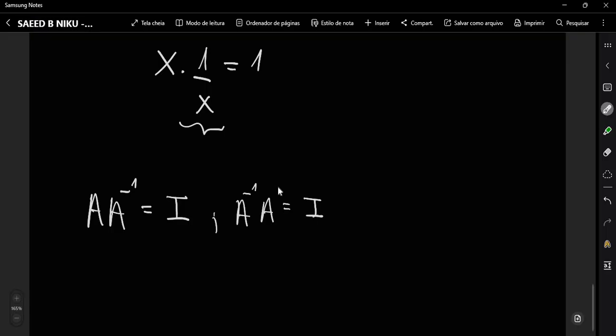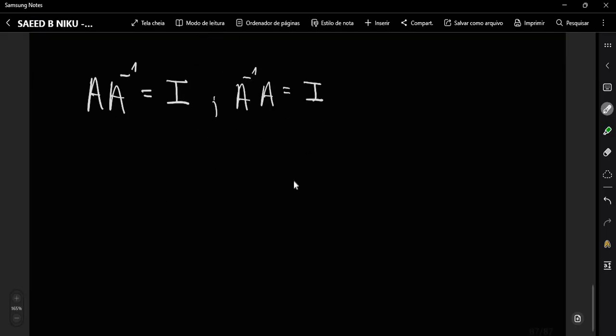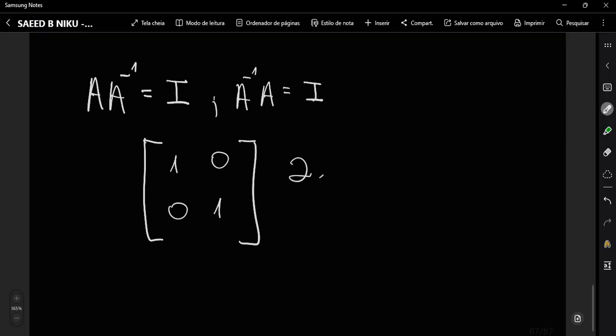And that is the first thing that I wanted to draw your attention to. If you remember, an identity matrix is a square matrix with its main diagonal filled with ones and the rest of the terms 0, and this is for a 2 by 2 matrix.